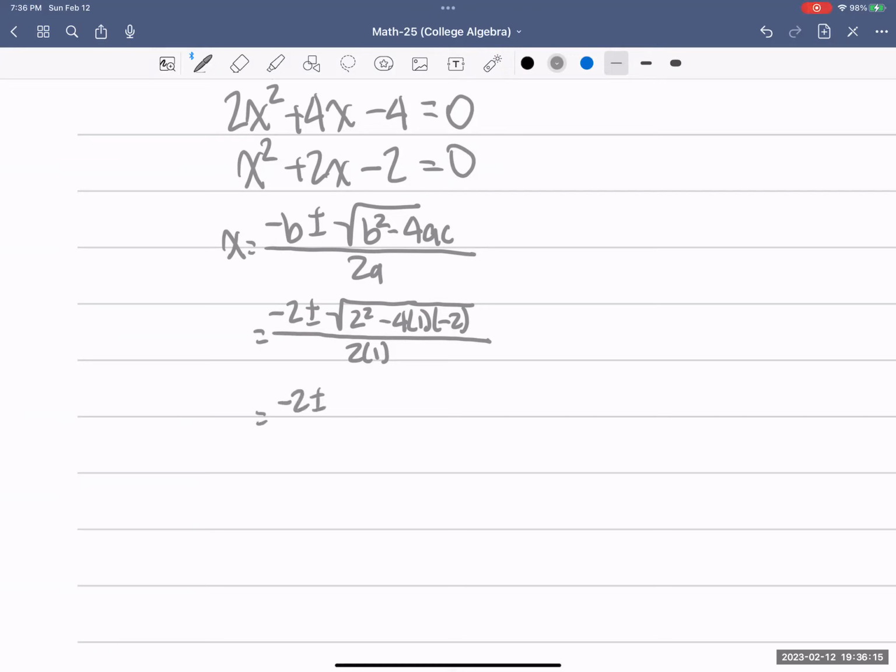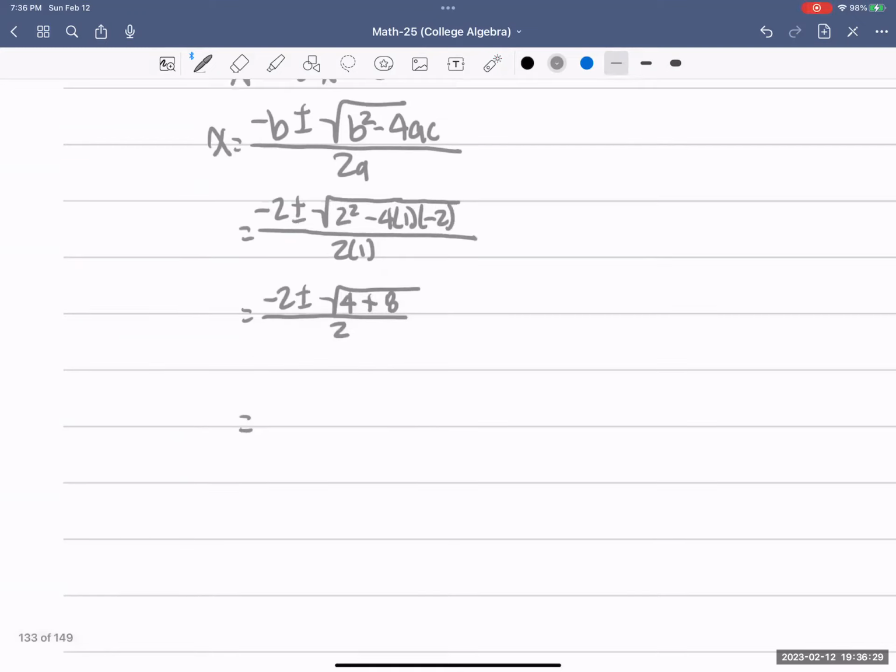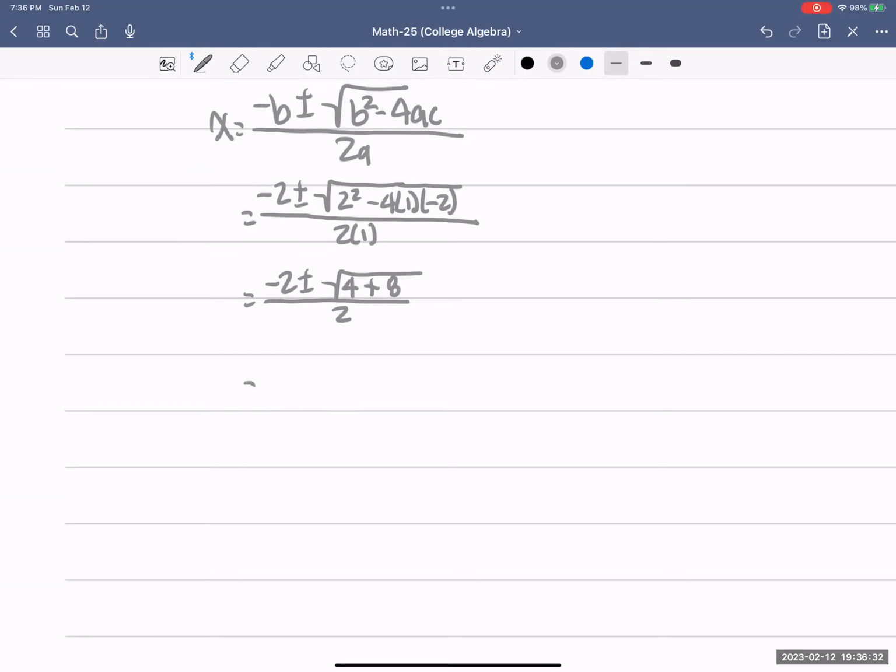That's -2 plus or minus the square root of 4 plus 8, all over 2. 4 plus 8 is 12.